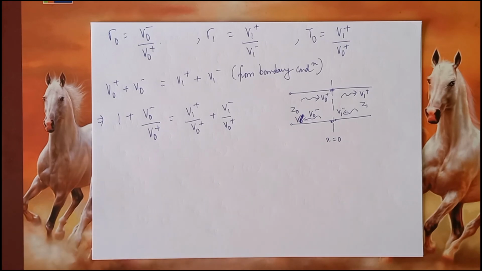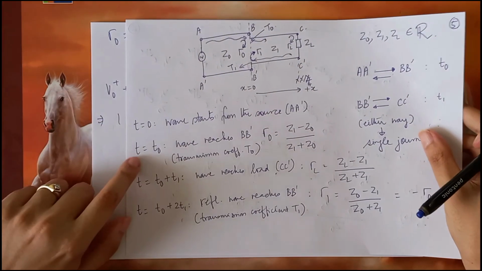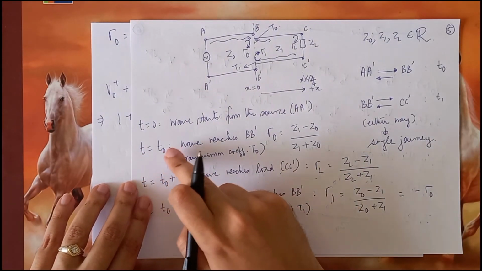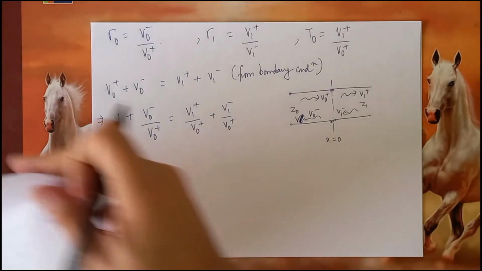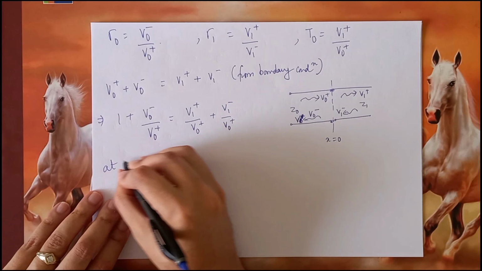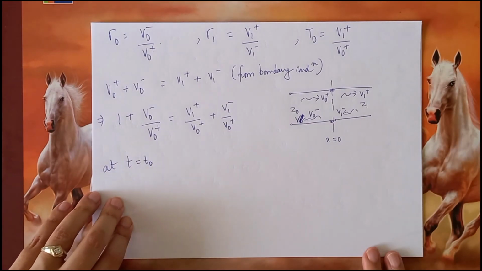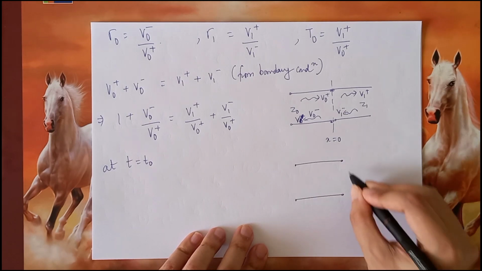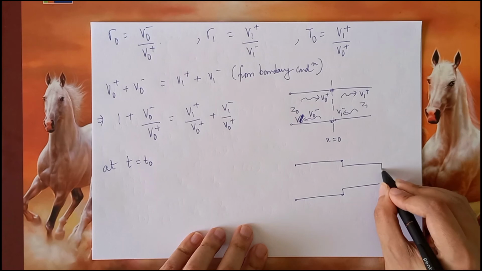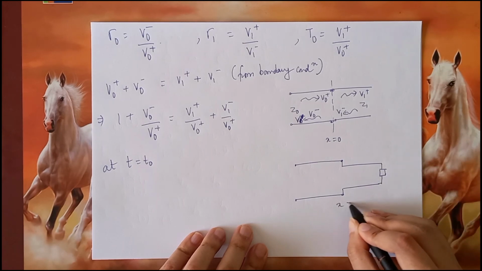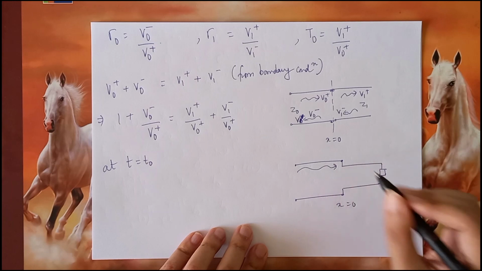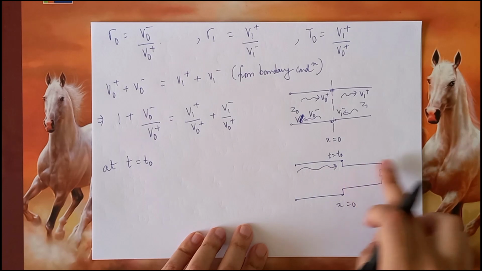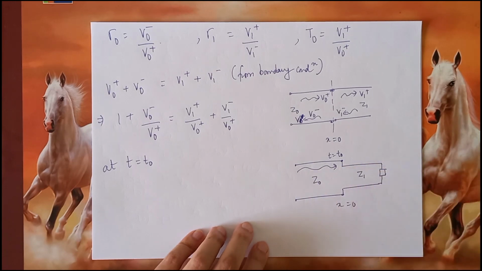Let us again go back to our time information. Let us look at this time at t equal to t0. At t equal to t0, what is happening? At t equal to t0, this wave is trying to cross into Z1 from Z0 for the first time.